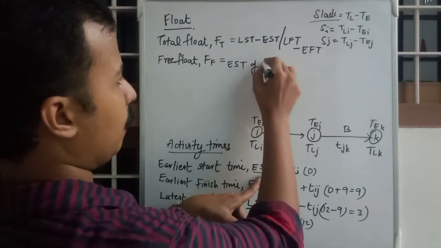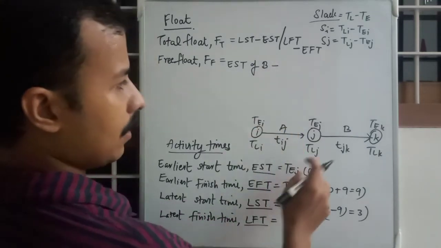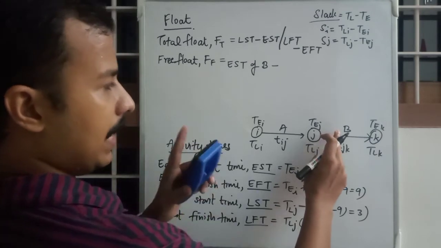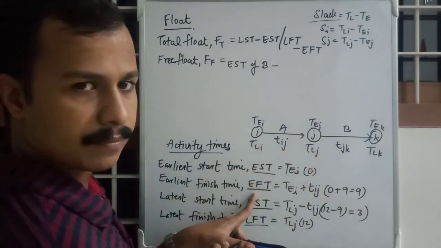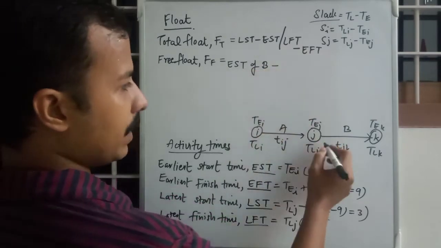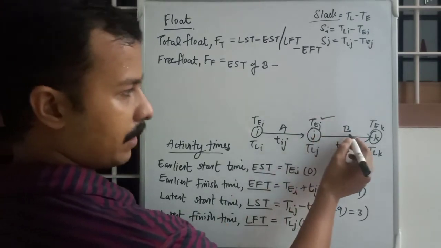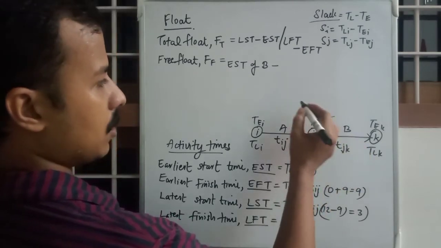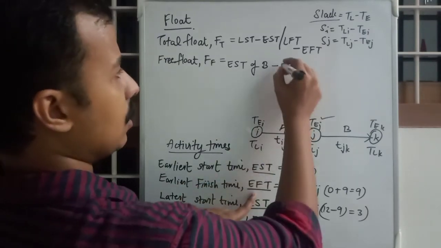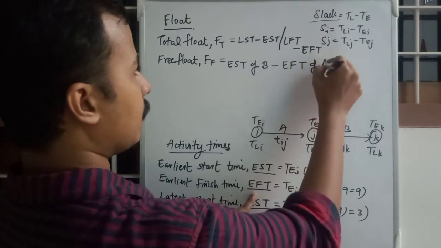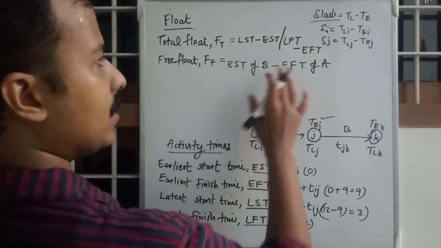Now from this value, the early start time of activity B, minus what will that be? The earliest finish time of activity A. Okay, EST of B, that is the earliest start time of the next activity, minus the earliest finish time of the current activity, that is EFT of A. Okay, that's it. EST of B minus EFT of A.